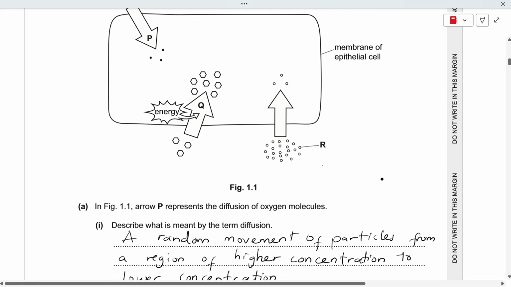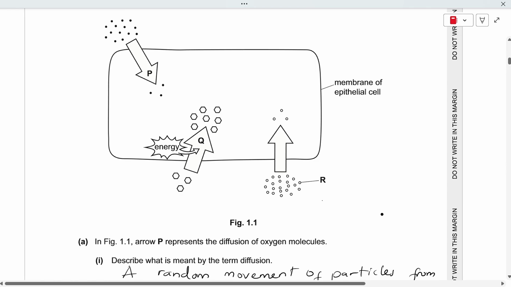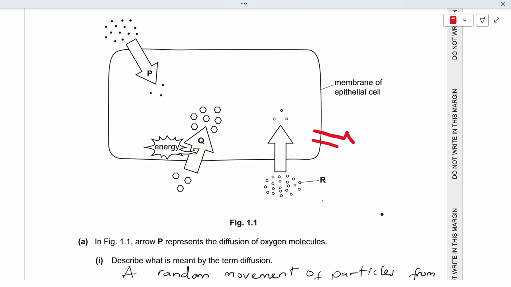Alright, so if that is the case, it means we'll have an arrow that is pointing outside of the lining of the epithelial cells. Okay, so we can draw the arrow maybe like this way. Yeah, this can be the arrow that is representing the movement of carbon dioxide molecules. Okay? Yeah. So we go further.